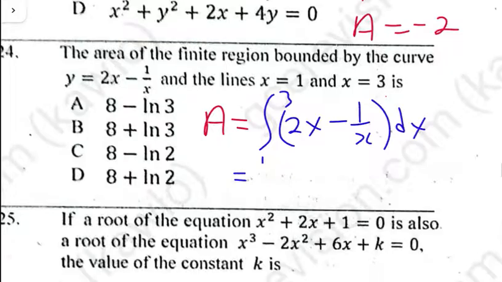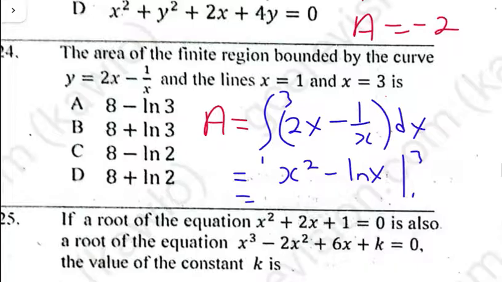When you integrate this, you are going to have 2x squared on 2, which is x squared, minus ln x, from 1 to 3.